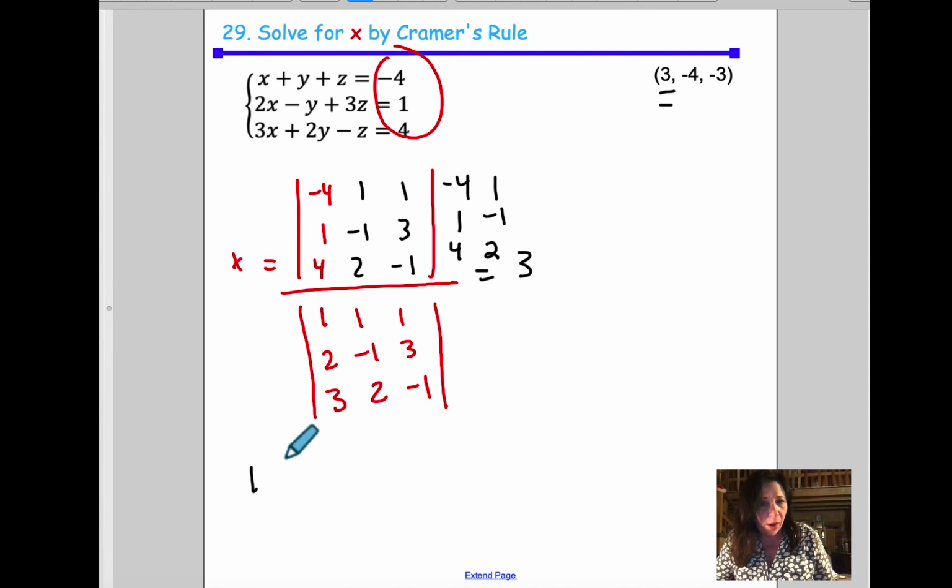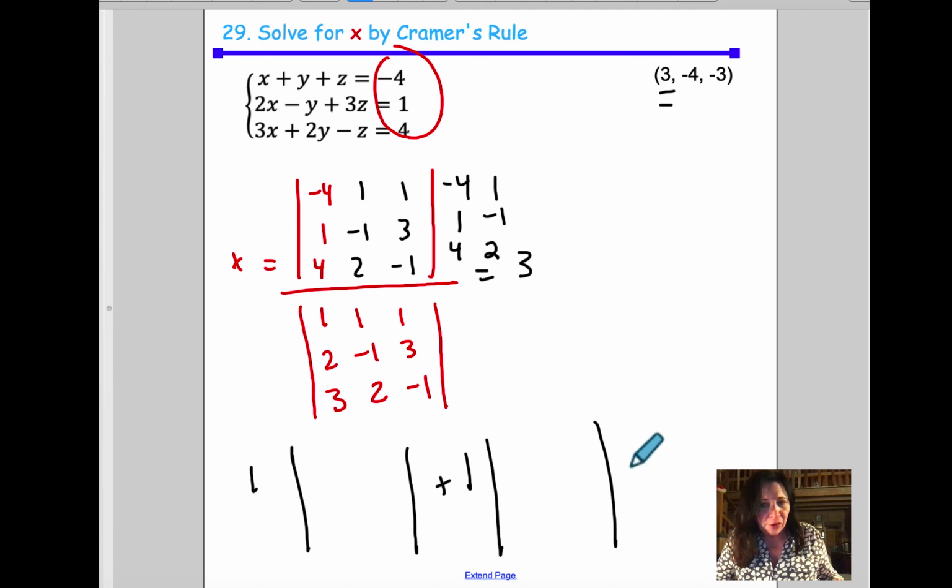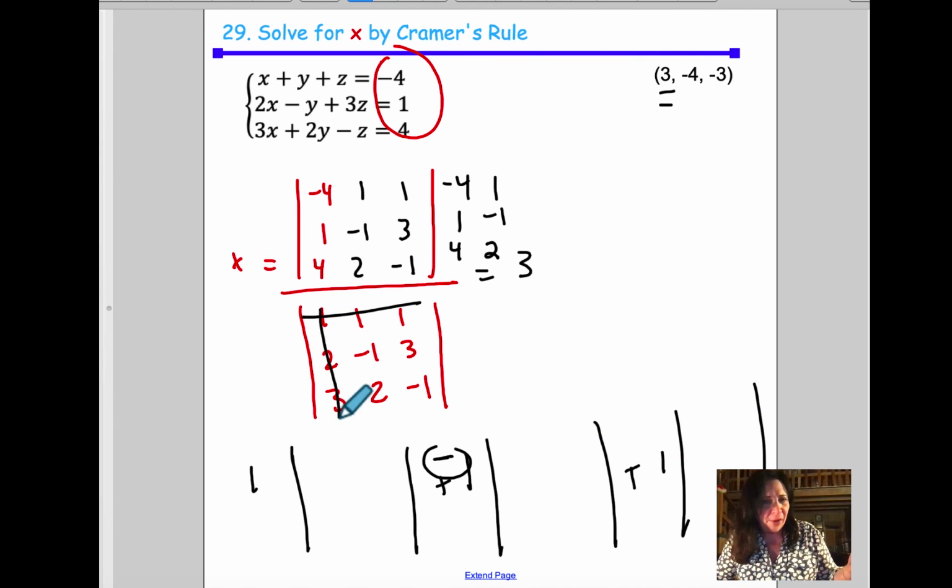So if I expanded the top row, it's 1 times that value, plus 1 times that value, plus 1 times that value. But don't forget, when you expand that column or that row, you have to use the sign pattern, which is same, opposite, and then same. If I was crossing out the 1, negative 1, 3, 2, negative 1, that's what I'm talking about.